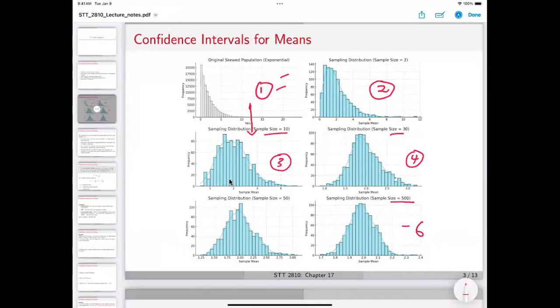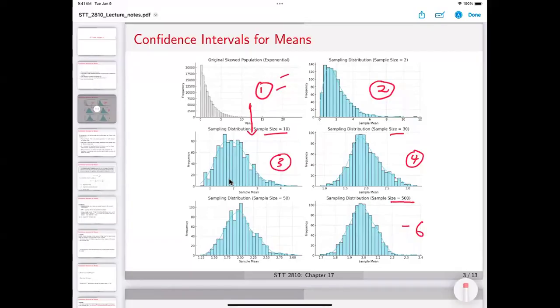So the idea behind the central limit theorem is that regardless of the population or the parent distribution, whether it is heavily skewed or not, when you increase the sample size and construct the sample mean, the distribution of the sample mean becomes more normal and bell-shaped.